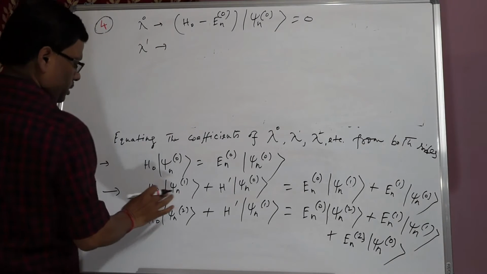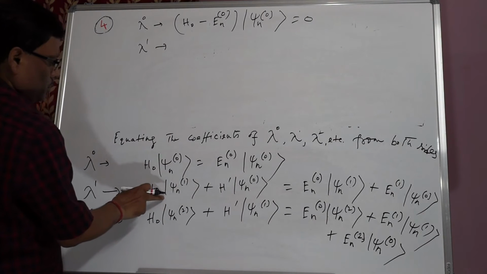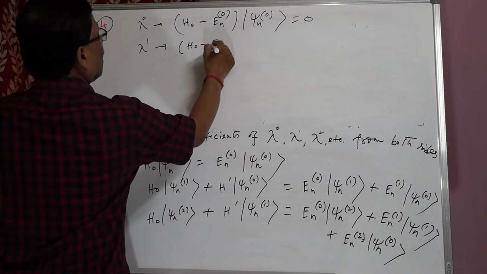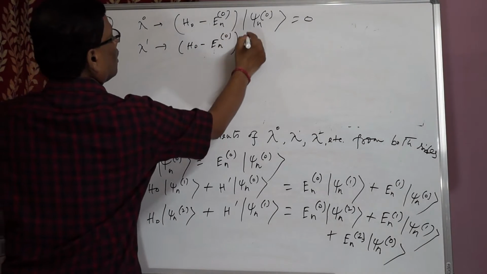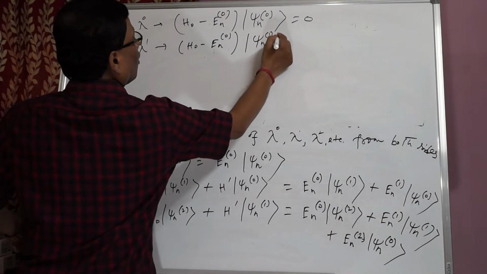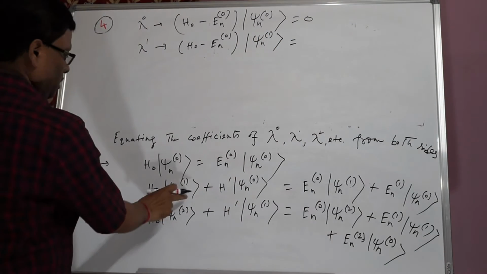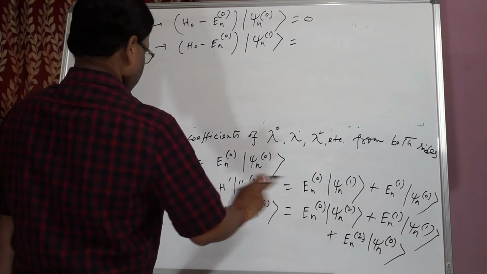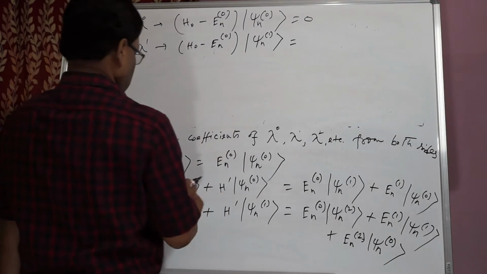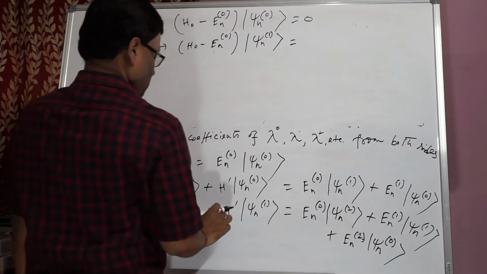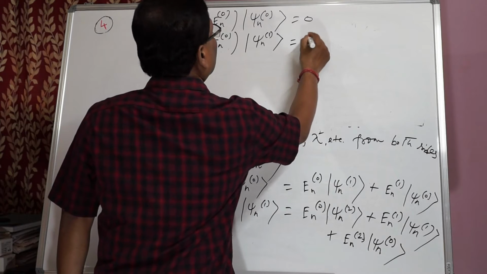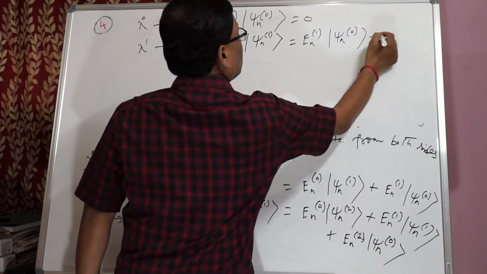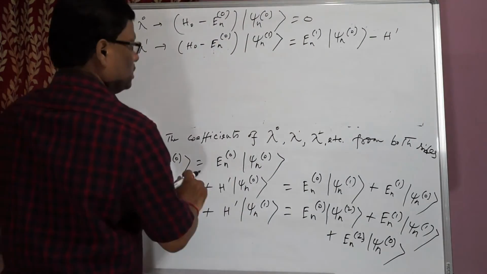Lambda to the power 1, I take this one, so H0 minus En0 psi n1 equal to En1 psi n0 minus H prime psi n0.